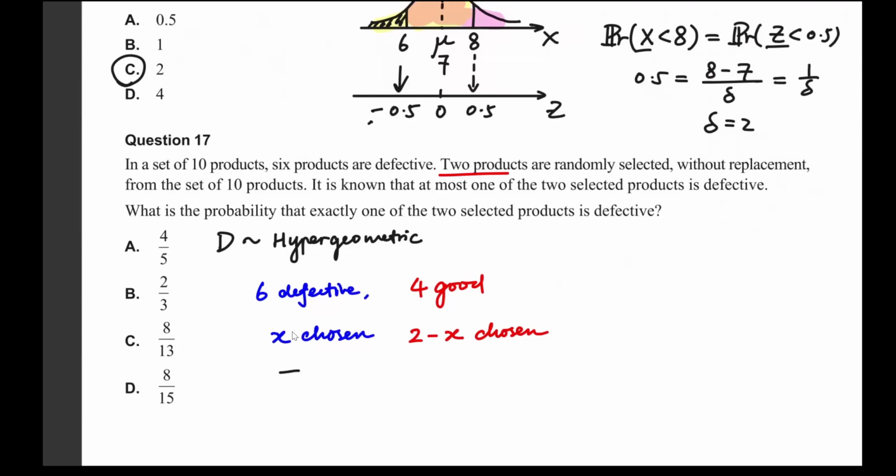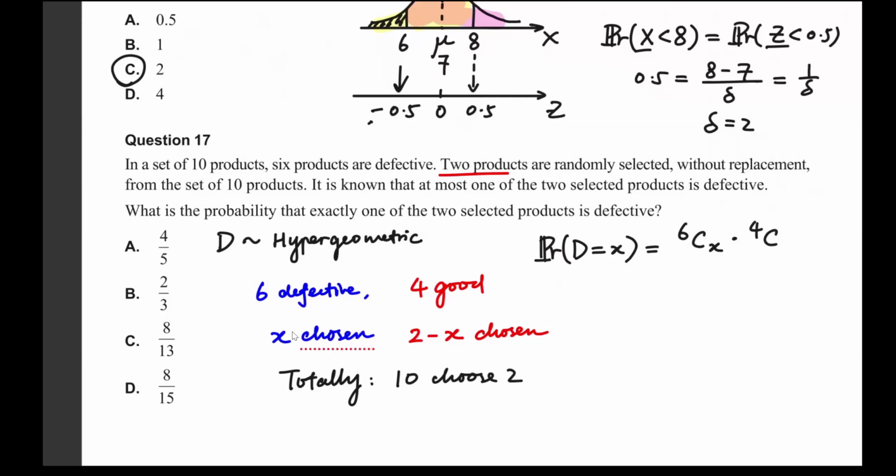And totally you can choose 2. That's how I would form a probability function. Let's call it capital D equals X. That is 6 choose X times 4 choose 2 minus X, divided by 10 choose 2.